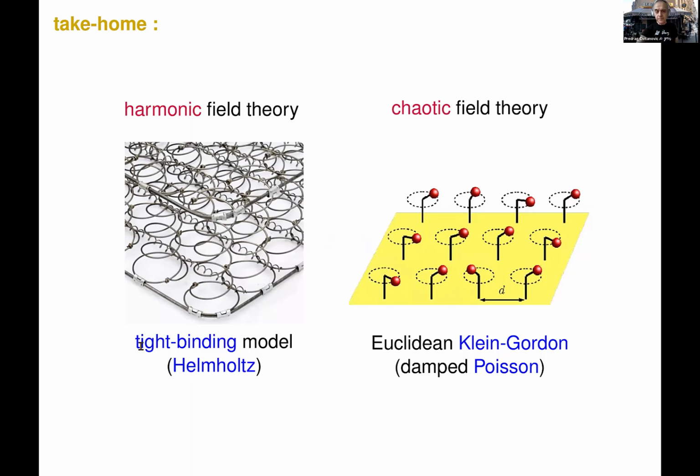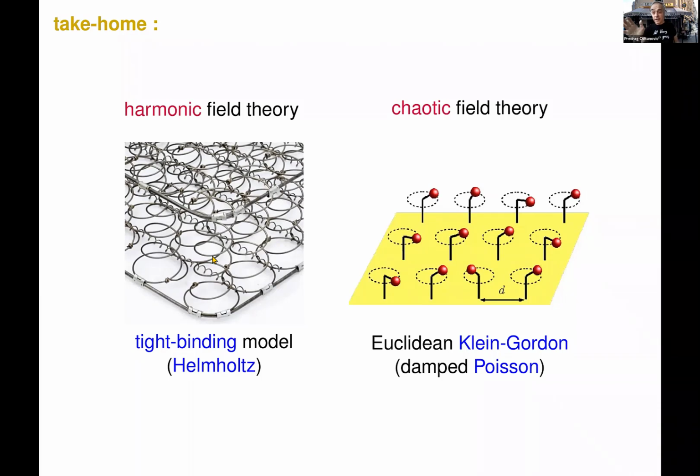You are all familiar with what I would call harmonic field theories. So these are theories where you have matter, you bang it, and you get oscillatory modes. In condensed matter, this is called the tight binding model. In applied math, it's called Helmholtz. And you know that you're supposed to write normal modes of this thing, and you understand it.